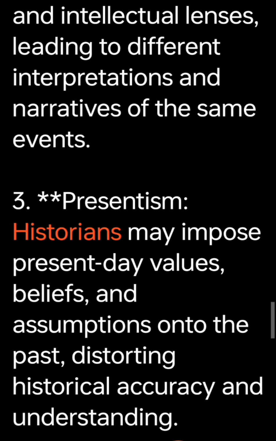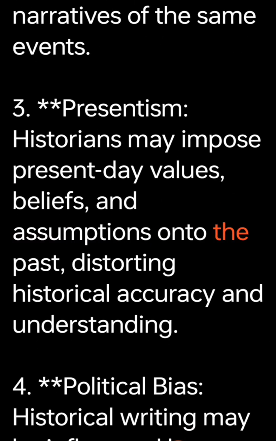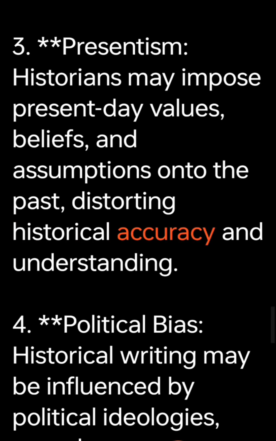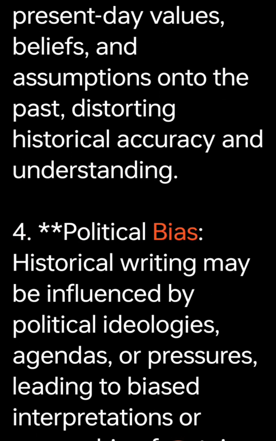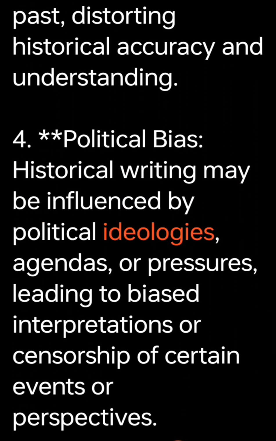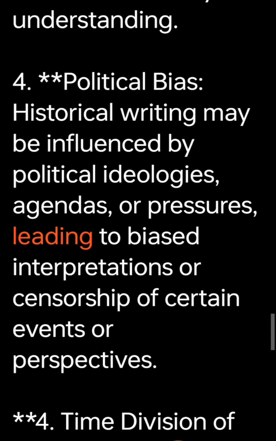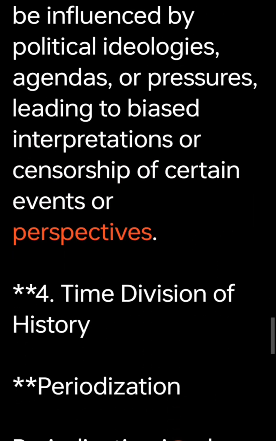Presentism. Historians may impose present day values, beliefs, and assumptions onto the past, distorting historical accuracy and understanding. 4. Political bias. Historical writing may be influenced by political ideologies, agendas, or pressures, leading to biased interpretations or censorship of certain events or perspectives.